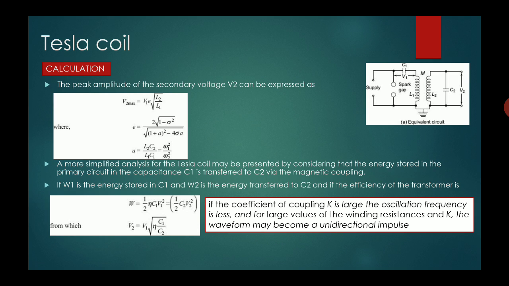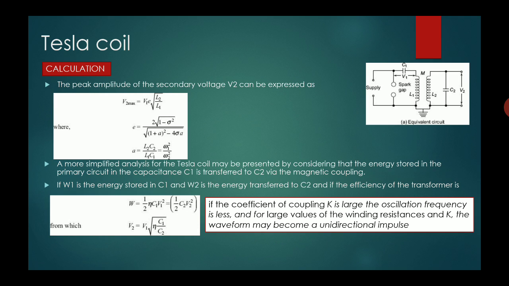If the coefficient of coupling is large, the oscillation frequency is less, and for large values of the winding resistance and K, the waveform may become a unidirectional impulse. So this is a particular case for the Tesla coil.